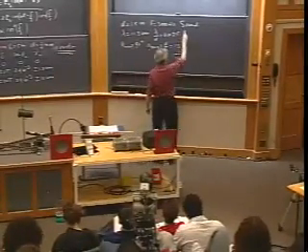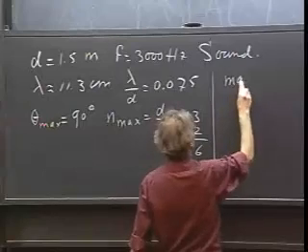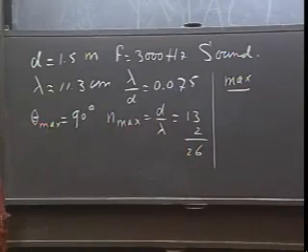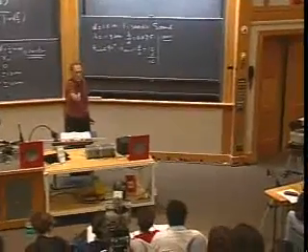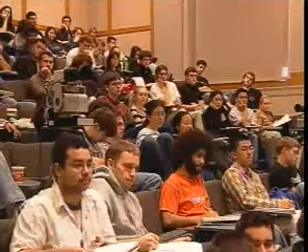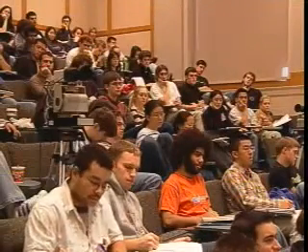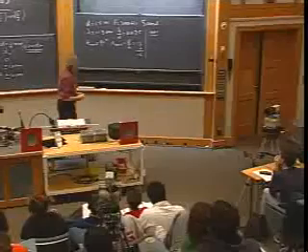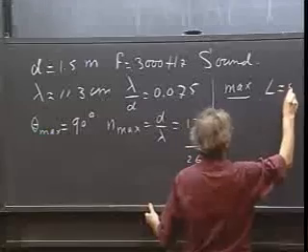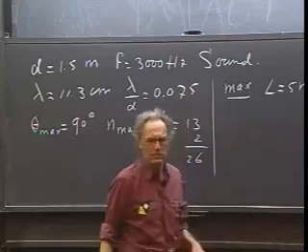So I will go now for the maxima. I know that at theta 0, right here, all of you sitting here must hear a maximum in this plane. Now the question is, where is the next maximum? Well, the next maximum depends, of course, on how far you are sitting away from me. So I take the students who are about 5 meters away from me.